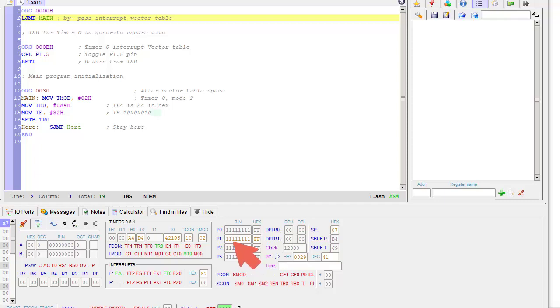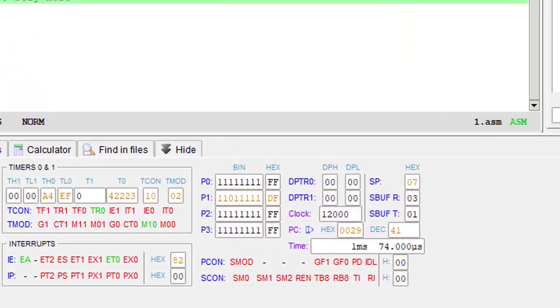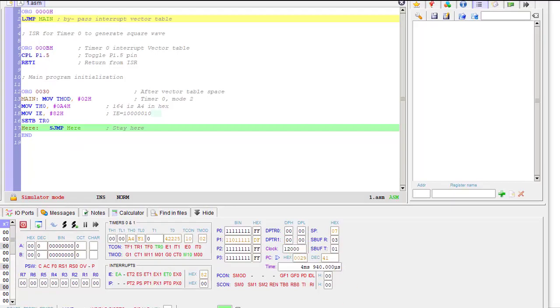This bit will toggle with a particular interval, meaning when the square wave is generated, this bit will be 0 1 0 1 0 1 like this. Now running the program, look at this bit: 0 1 0 1 0 1 0 1, meaning the square wave is generated at P1.5.